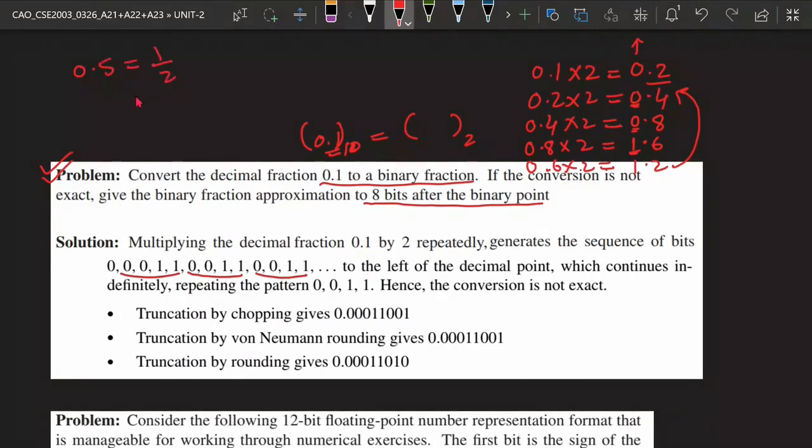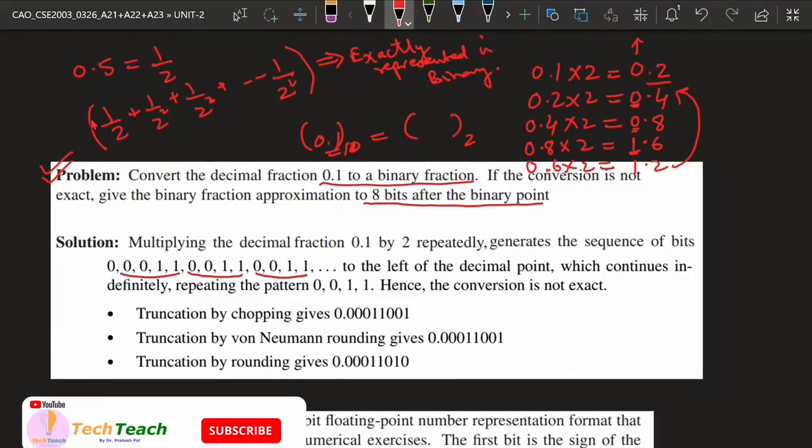So any fractional number that can be represented by terms like 1 upon 2, or 1 by 2 to the power 2 plus 1 by 2 to the power 3, and so on up to 2 to the power i, these fractional numbers will be the numbers that can be exactly represented in binary.